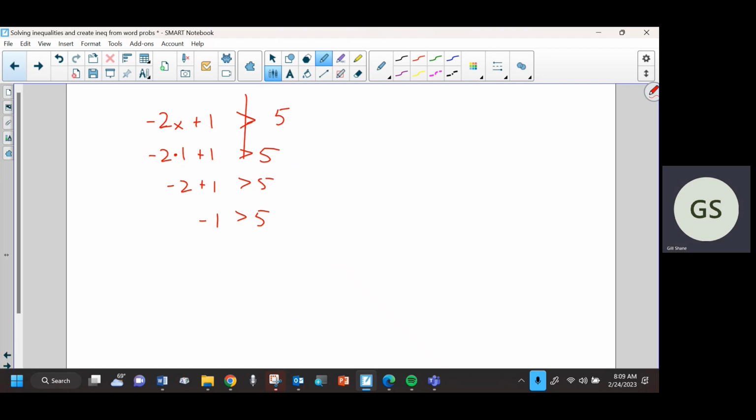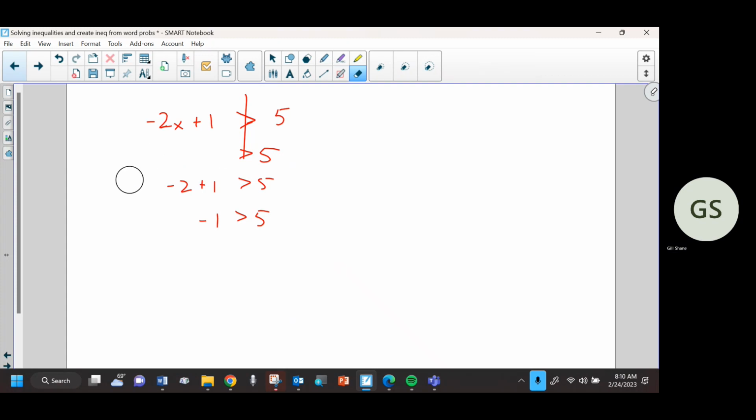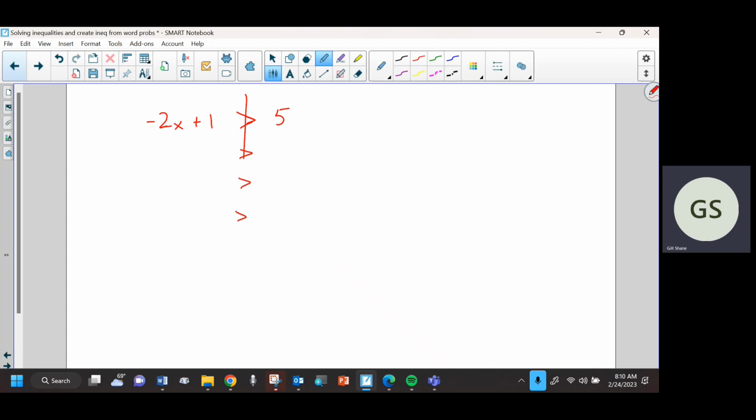Oh, that's not the solving part. I mean, that's the checking our answer part. So let's go ahead and go backwards. So we'd subtract 1, and then we got -2x is greater than 4.